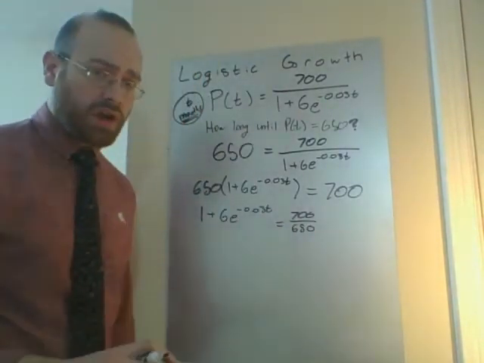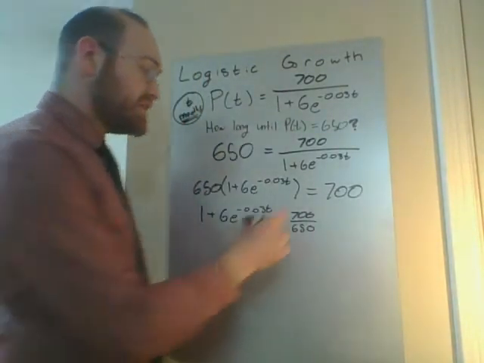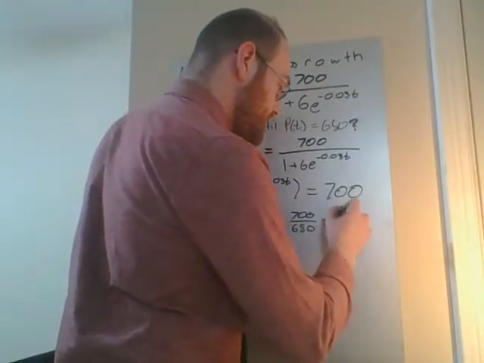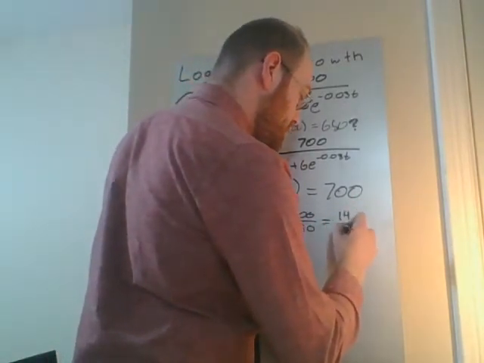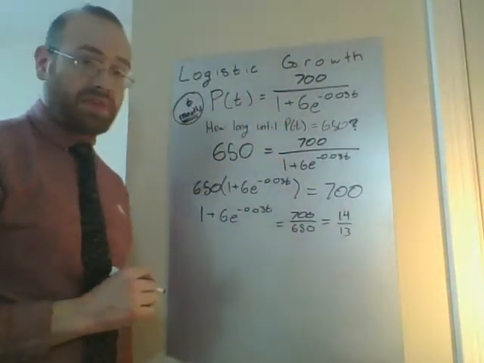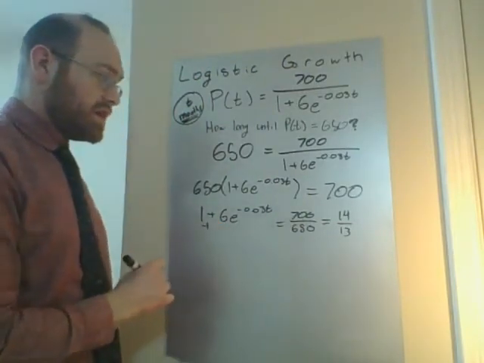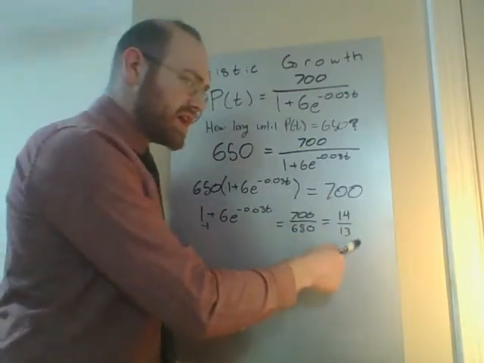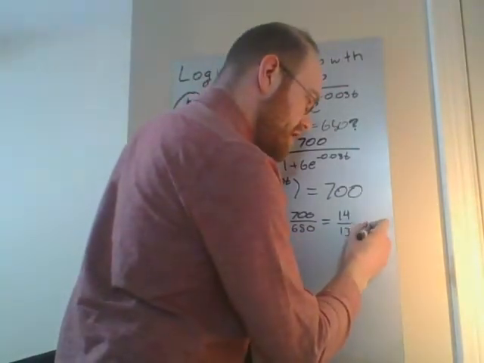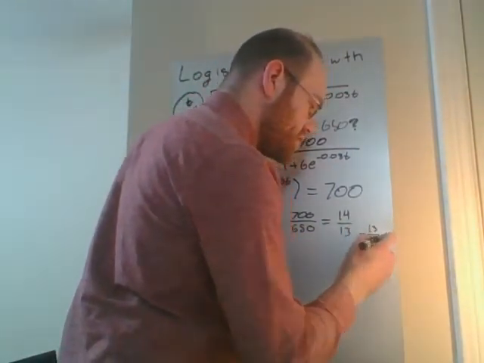And I've done all this work off to the side to make sure I've got my numbers right. And this reduces to 14 over 13. The next thing we have to do is subtract 1 from both sides. But I have to make sure it's a common denominator. So over here, I'm going to subtract 13 over 13.